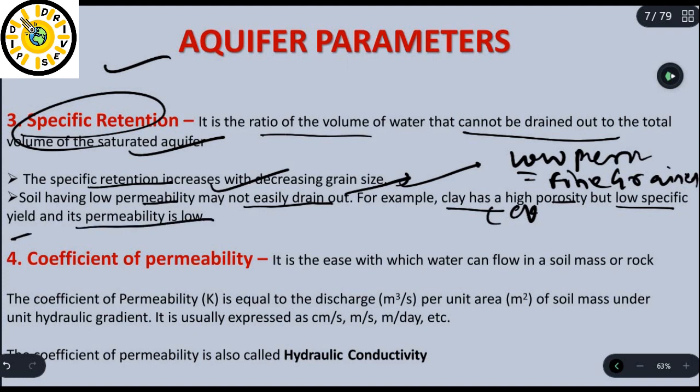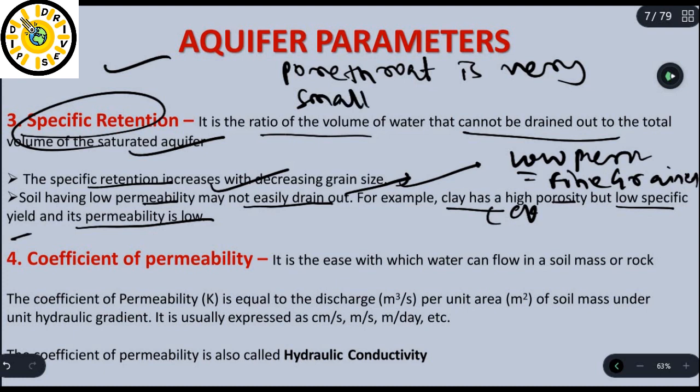Its permeability is low as the pore throat size is very small, so water flow is not easy. Okay, because the pore throat size is very small, the water flow is blocked.